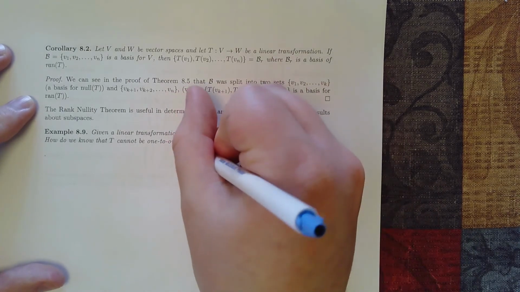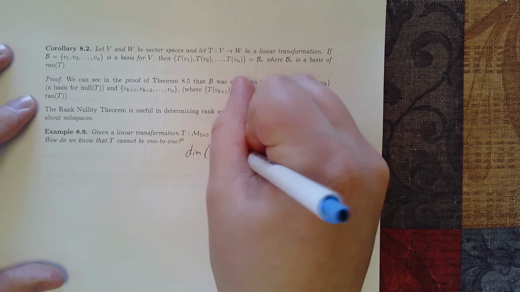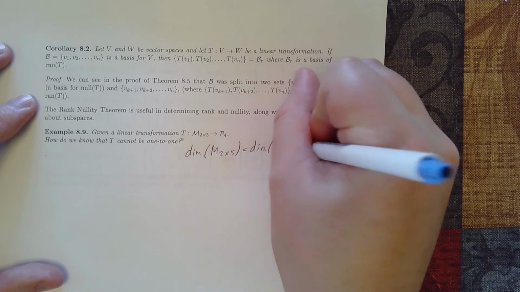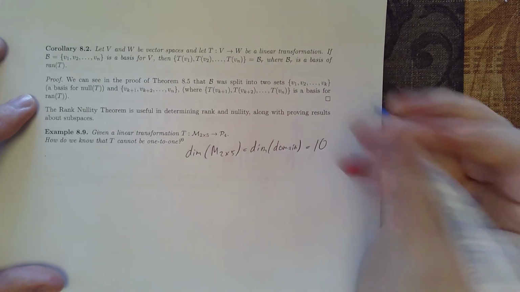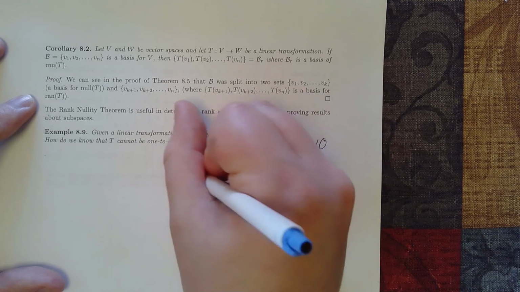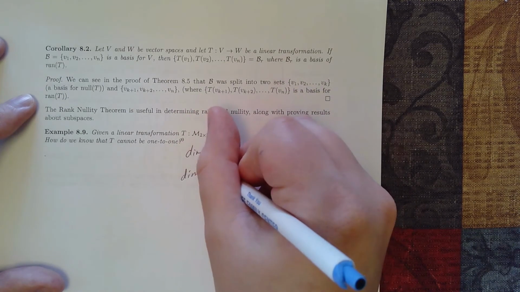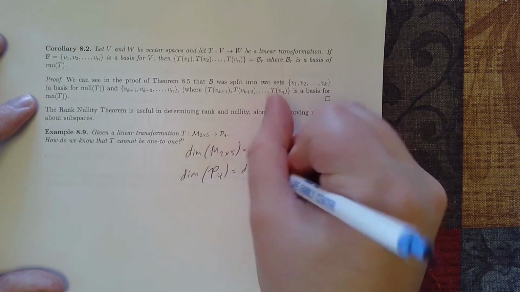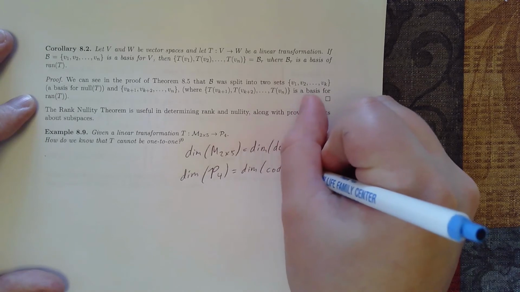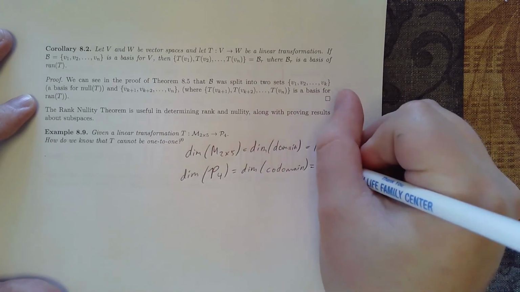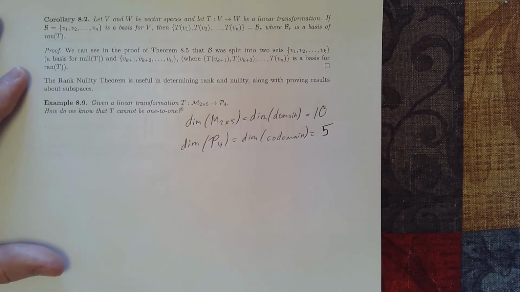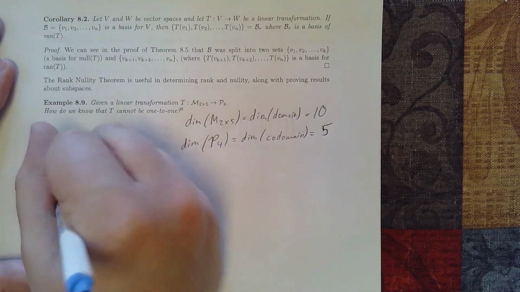The dimension of M2 by 5, which is the dimension of the domain, is 10, whereas the dimension of P4, which is the dimension of the codomain, is going to be equal to 5. So we want to see if we can use this rank nullity theorem to determine that the transformation could never be 1 to 1. So what we'll do is we'll make an assumption.